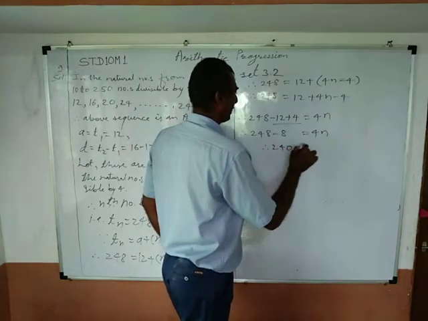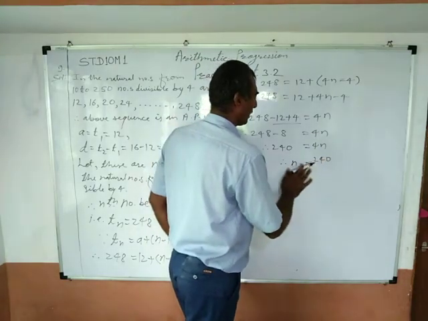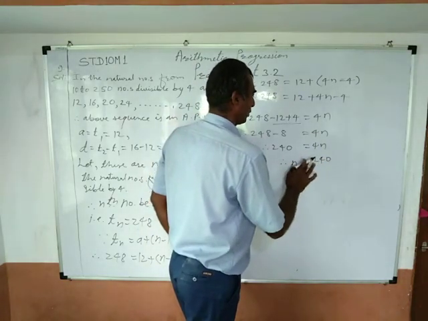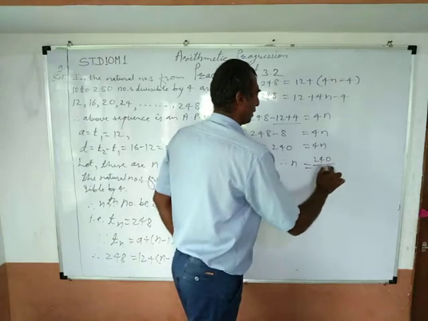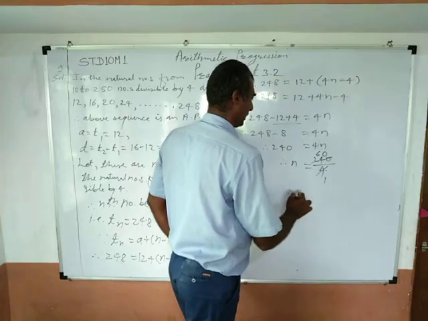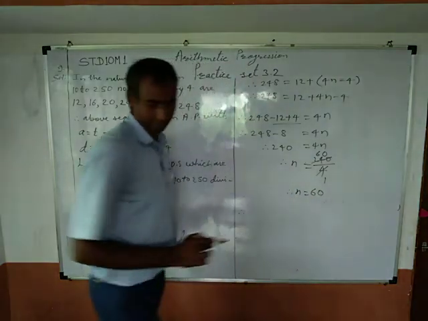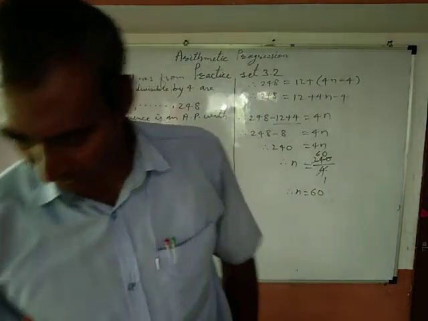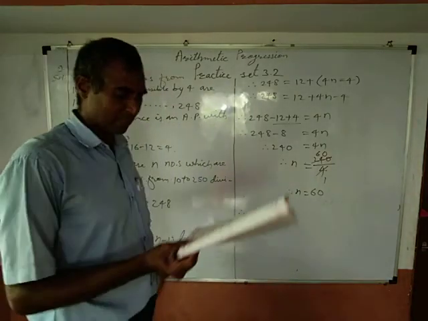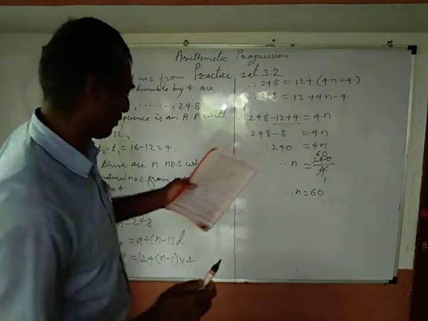Therefore 240 equals 4n, and therefore n equals 240 upon 4. 4 sixes are 24, 4 zeros are 0, and therefore n equals 60. The question was, in the natural numbers from 10 to 250, how many are divisible by 4?